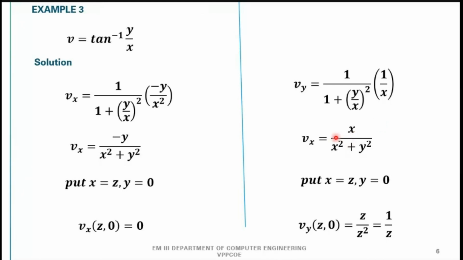Even if you don't write this step, if I put y is equal to 0 here, the whole term will become 1. Then put x is equal to z, I will get 1 by z. Directly we can write put y is equal to 0. So ये हो जाएगा 1 upon 1 plus 0, that is 1. And then 1 upon z, that is the answer: 1 upon z. So directly substitution is much better than simplifying and substituting.